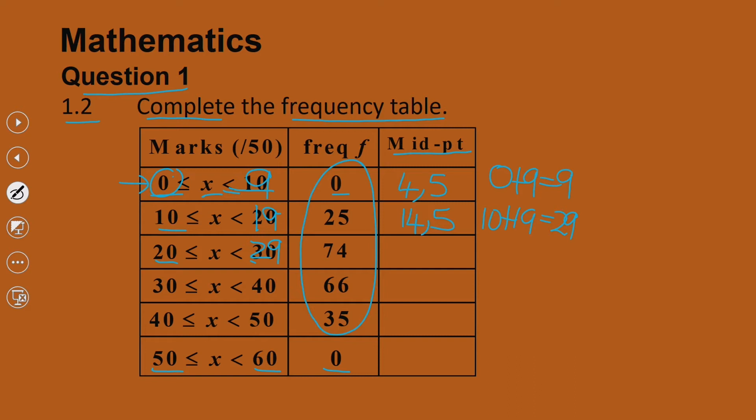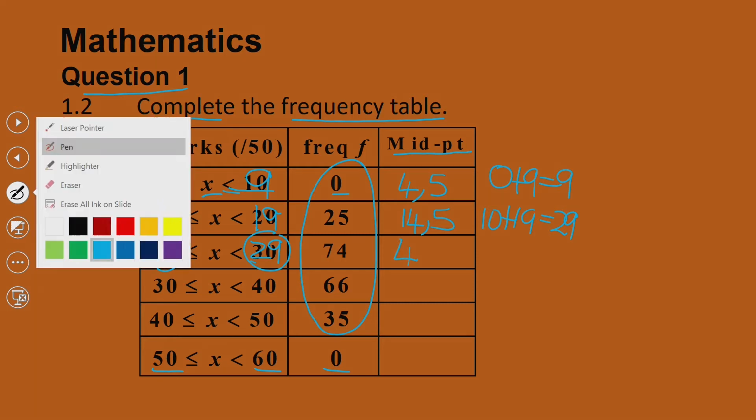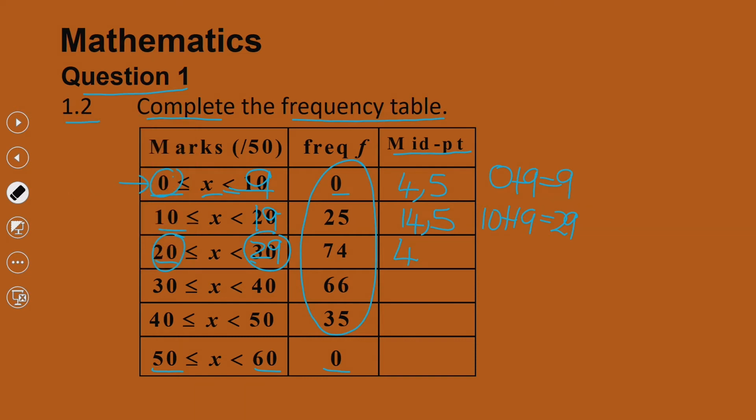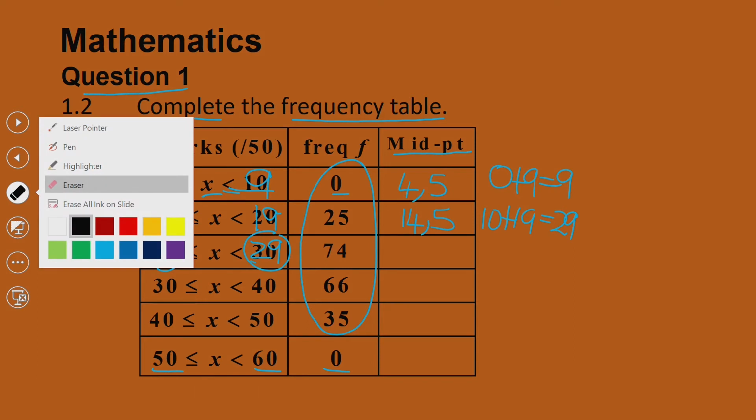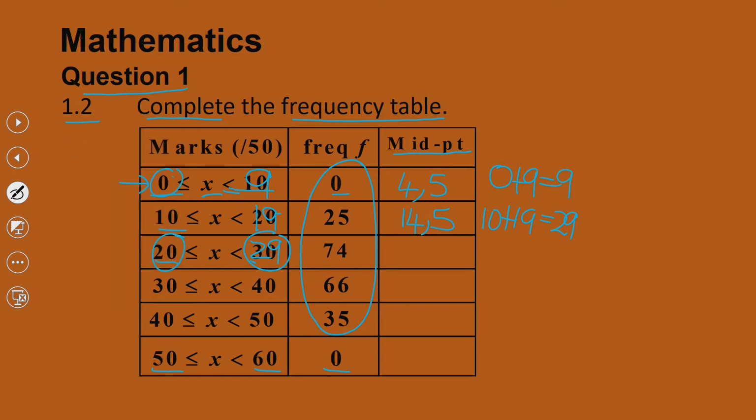And the next step is from 20 up to, you agree with me, 29. Then what is 20 plus 29? That gives us 49. Are we together? That gives us 49. So when you look at this, you take the 49 and then we divide it by 2.